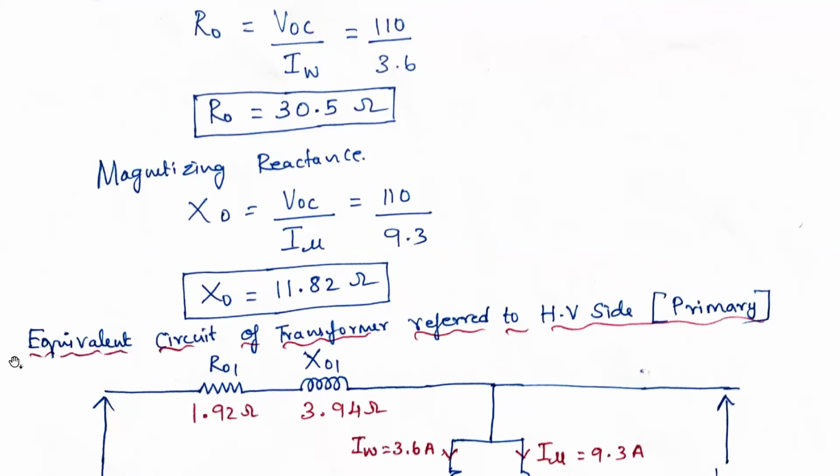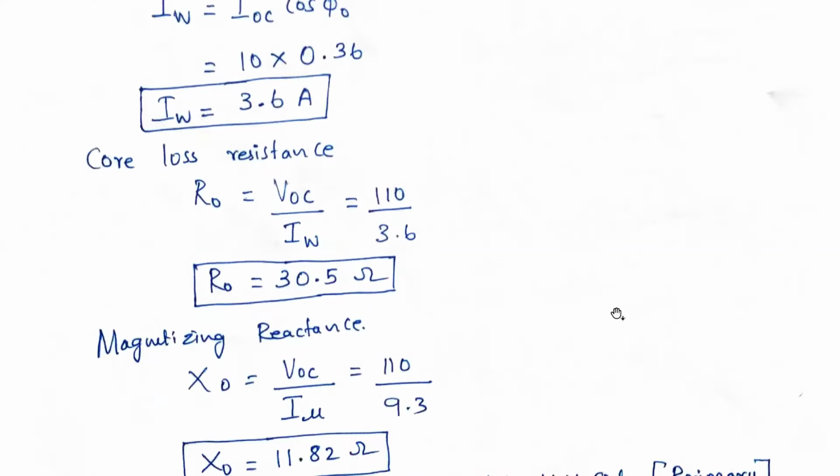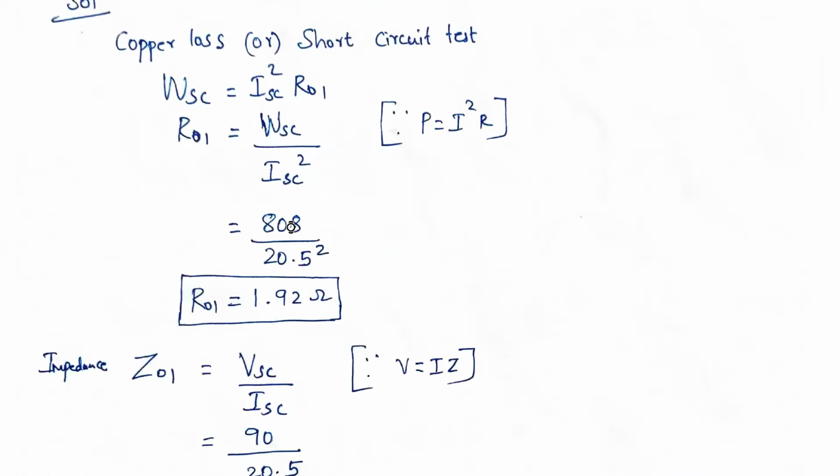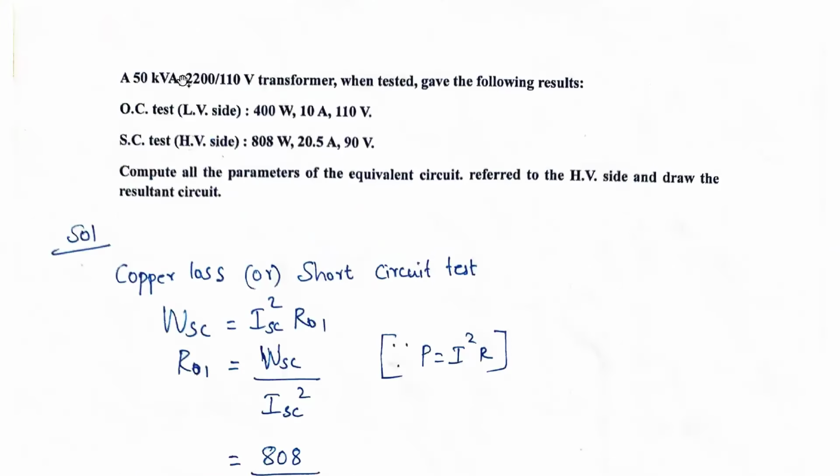Now we are drawing the equivalent circuit of the transformer referred to the HV side, that means the primary, because the HV side is primary. The problem clearly says to draw the resultant circuit referred to the HV side.